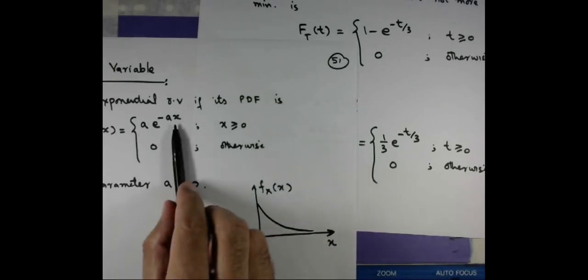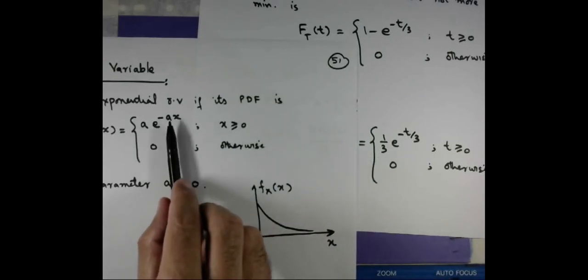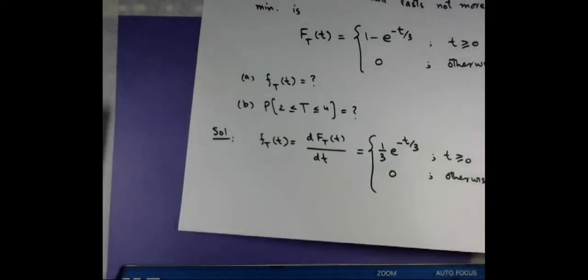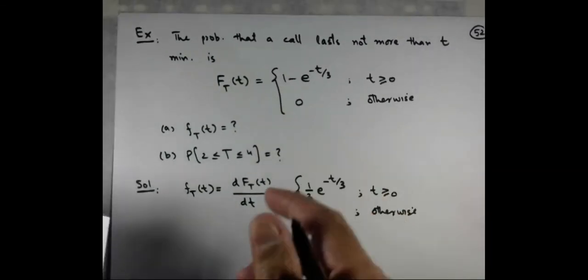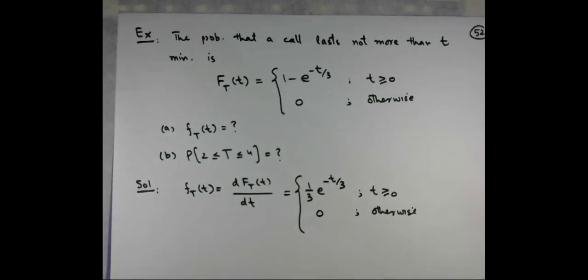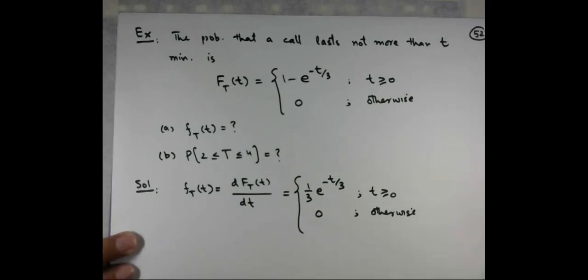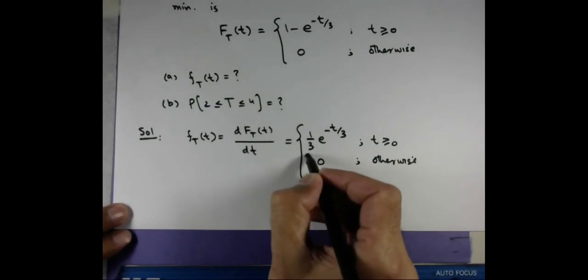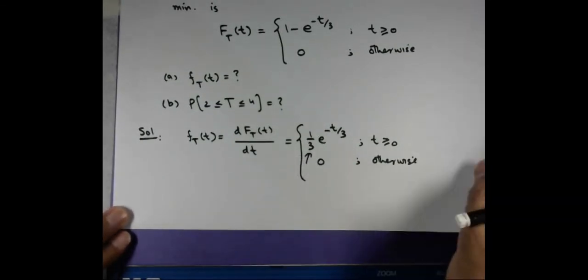So we can safely say that this call conversation time is exponentially distributed with parameter a equal to 1 by 3.